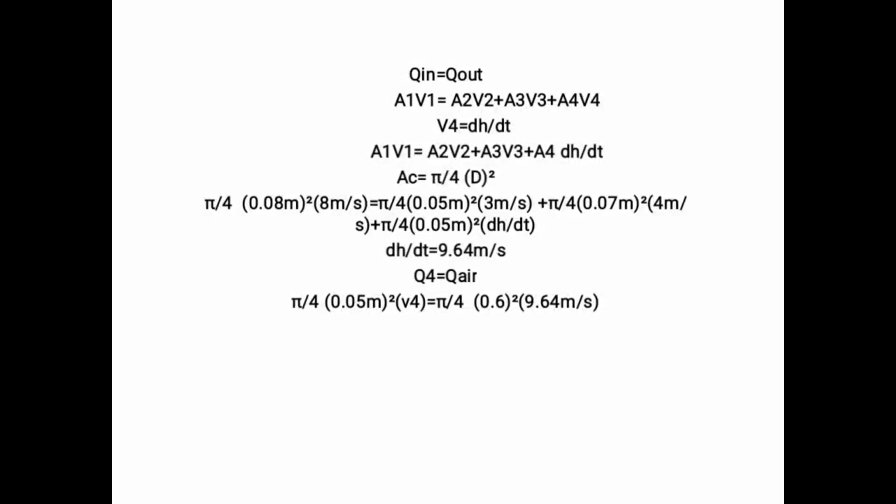So now if you put this in the calculator, we will get the answer that velocity 4 is equal to 1388.16 meters per second. So that is how this is solved. Thank you for watching.